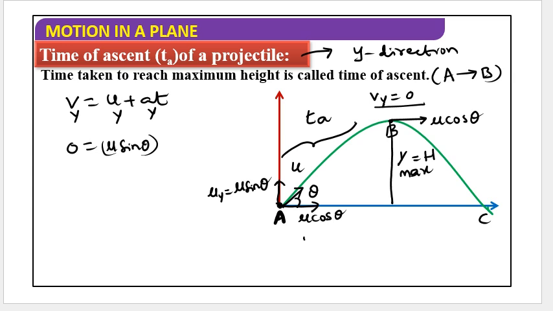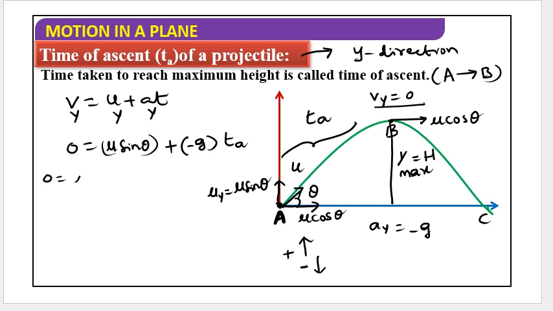Here u sin theta is taken as positive. So velocity in upward direction is taken as positive. Velocity in downward direction is taken as negative. Plus ay: already you know very well whether the body is going up or coming down, the acceleration is always directed towards the center of the earth. That's why in the place of ay, minus g, and t is nothing but the time of ascent, ta.